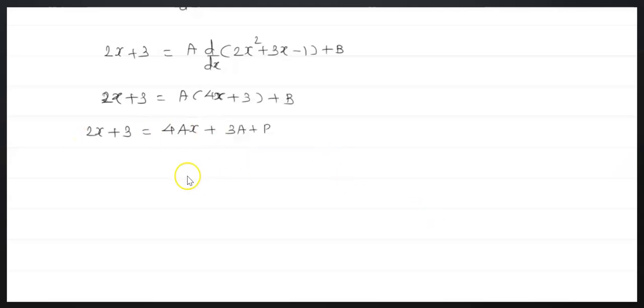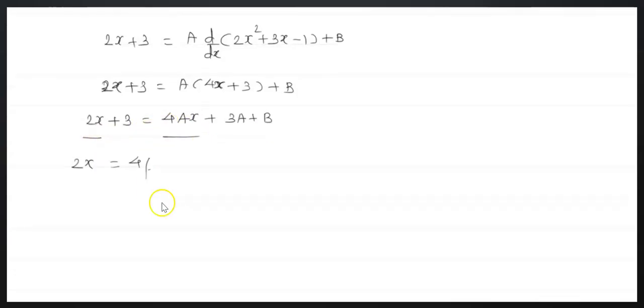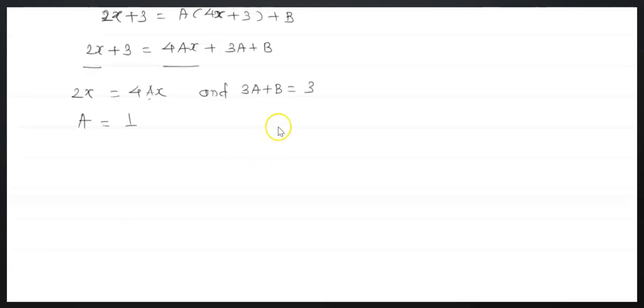Multiply it, equate the coefficient of x and the constant. 2x is equals to 4ax, therefore a is equals to 1 upon 2. 3a plus b is equals to 3. Substitute the value of a here.